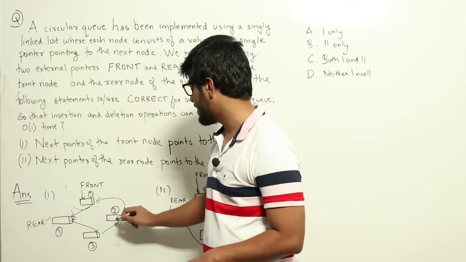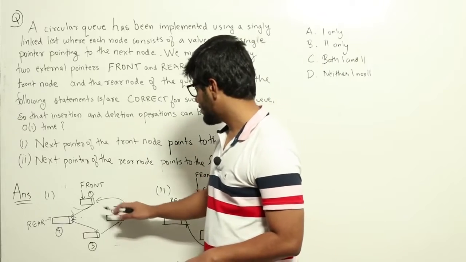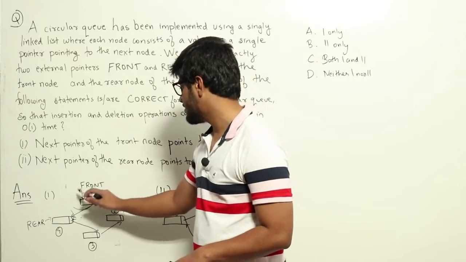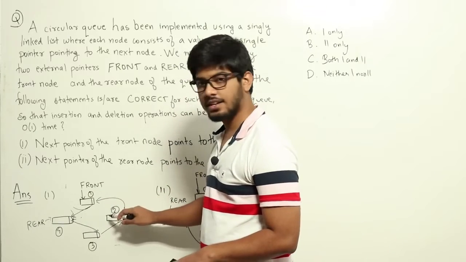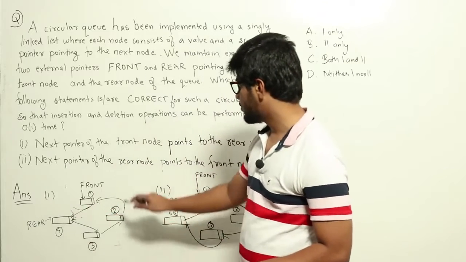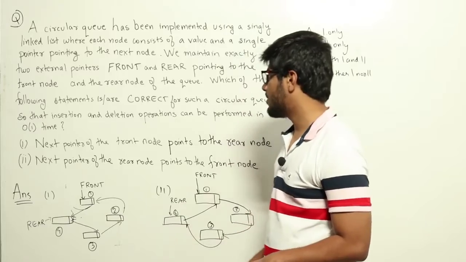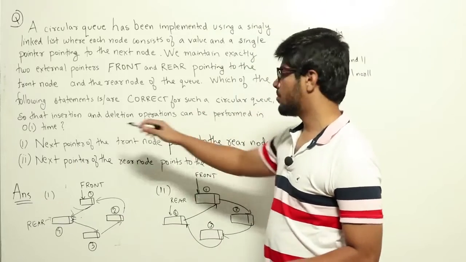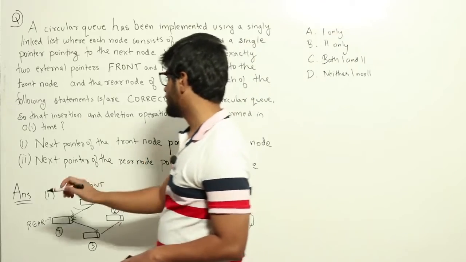There is no way to directly get the address of this node. Meaning for deletion, I can't do it in O(1) time. It will take O(n) time for deletion. If I delete this one, to get the address of the next one, which should be the front node, I need to start from rear and reach here. So this can't do deletions in O(1) time. In the question they're asking that insertion and deletion operations can be performed in O(1) time, so we can't do that.